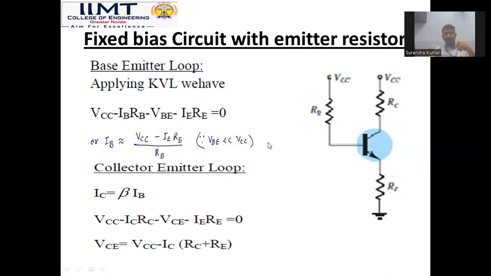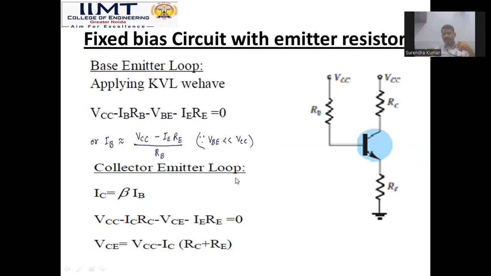Now, by applying KVL for the input loop of this circuit, we have VCC minus IBRB minus VBE minus IERE is equal to 0, or IB is almost equal to VCC minus IERE upon RB. We are neglecting VBE here, which is very, very small as compared to VCC.